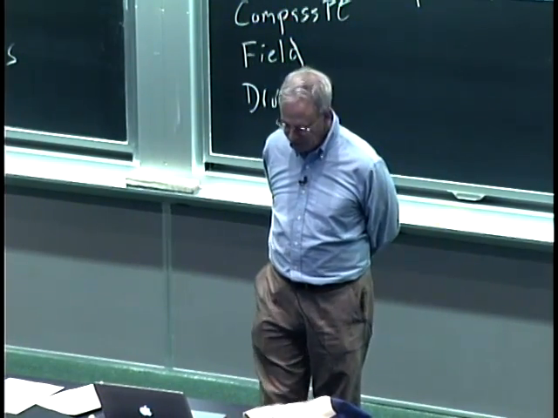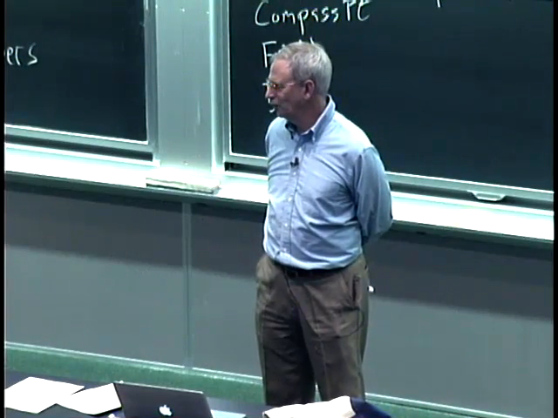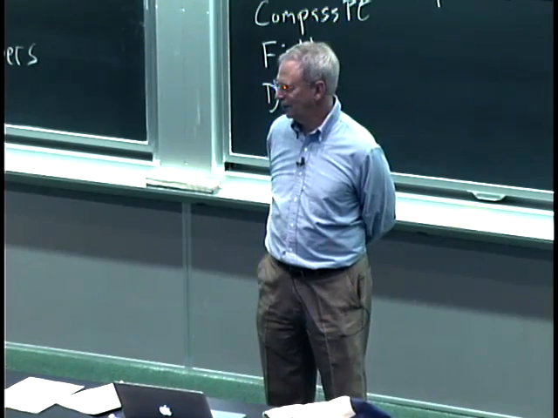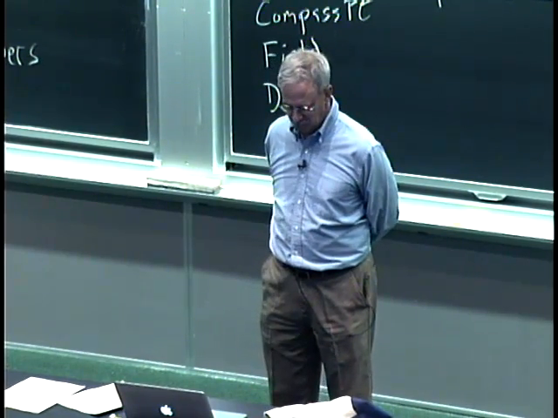Then I've got an init, which takes a point. And it first checks to see if the point is in self.possibles. Should I have bothered saying self? Do I need to write self there? This is a test of classes. It'll work. What do you think?